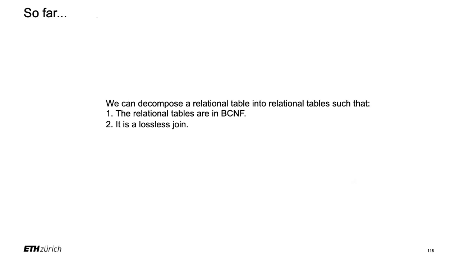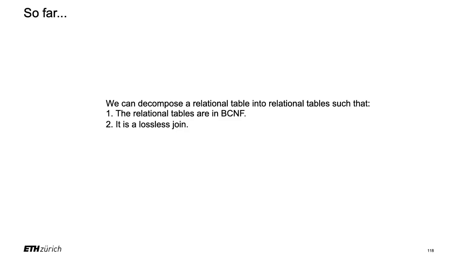Okay, so we're almost done now with this theory. So what did we do? We took a relational table. It wasn't in Boyce-Codd normal form because there are functional dependencies we don't like because the left-hand side is not a super key. So we use that functional dependency to give us a decomposition, using the left-hand side that wasn't a super key as a join key, as a join criterion that acts as foreign key and primary key.